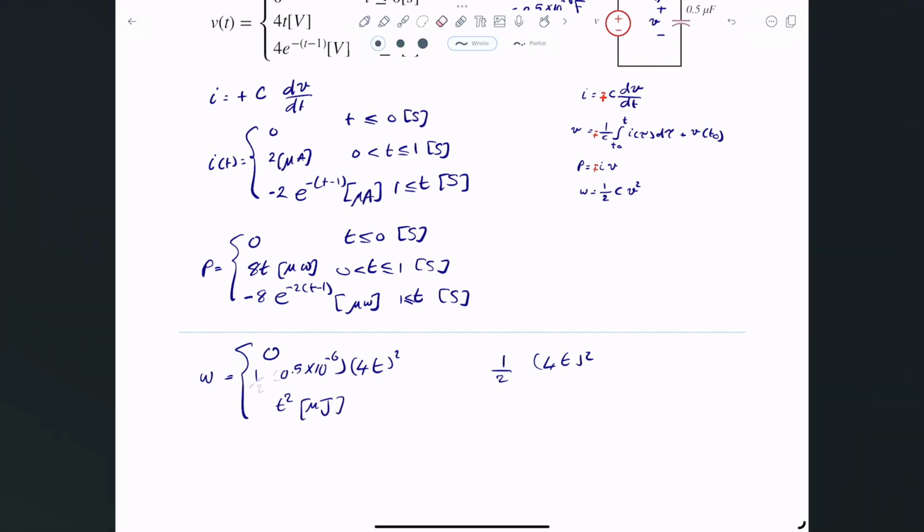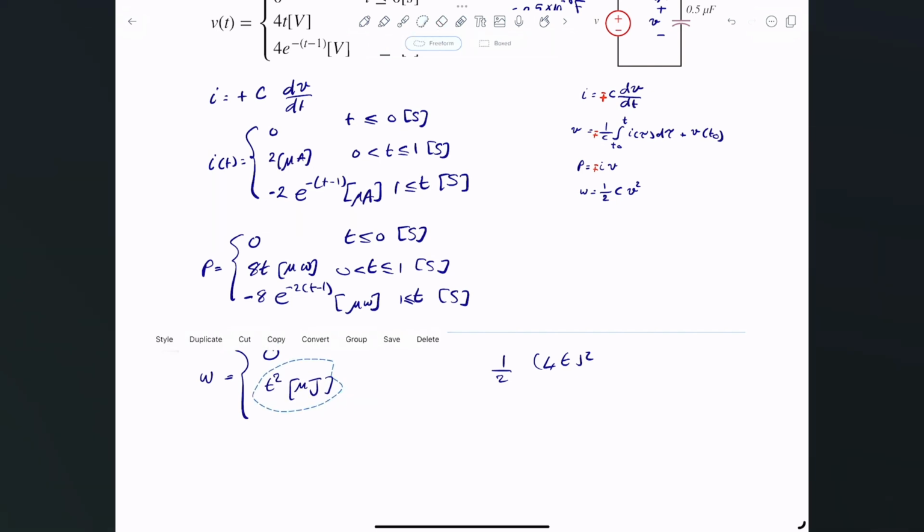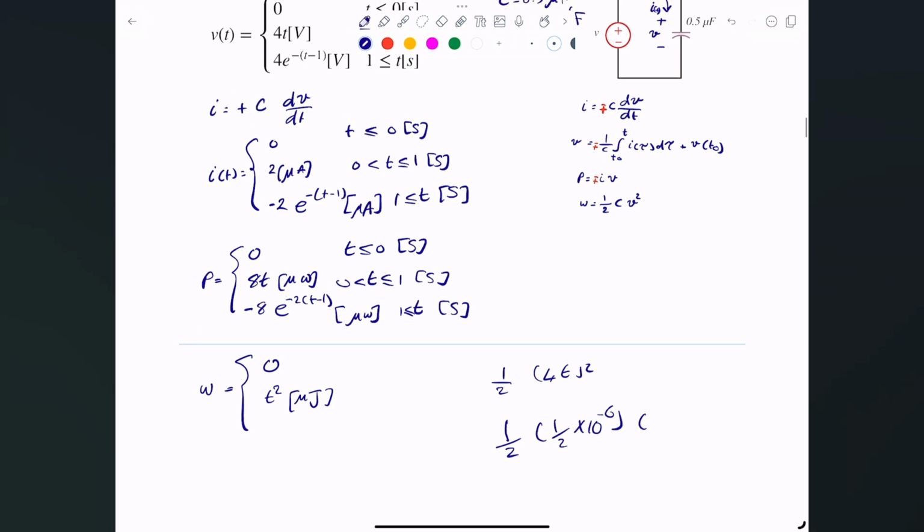So let me just rewrite it here. Okay, so we'll get t squared microjoules. Or actually, let me just make sure it is half of C. It's half of C, which is also half times 10 to the negative 6 times V squared, and V happened to be 4t, so it's 4 times t and that whole thing squared.